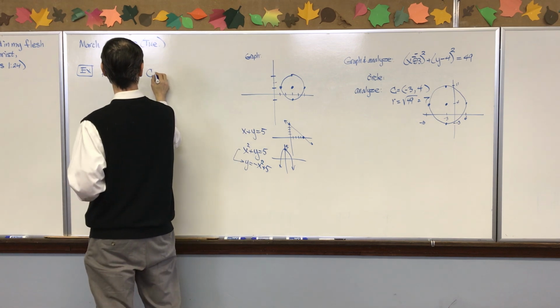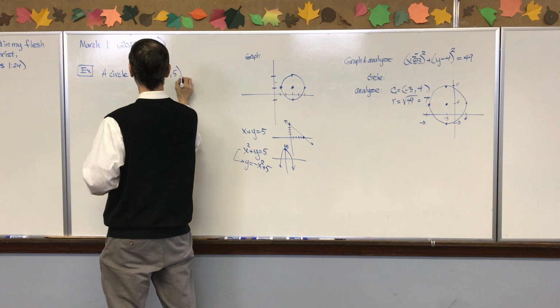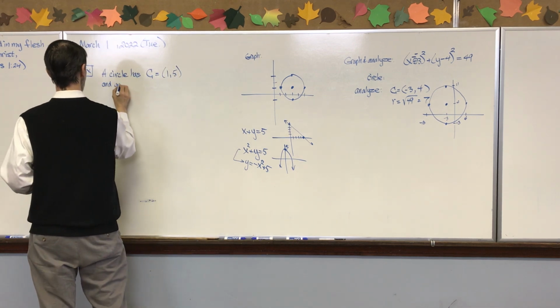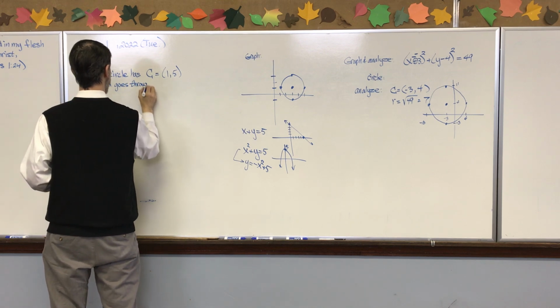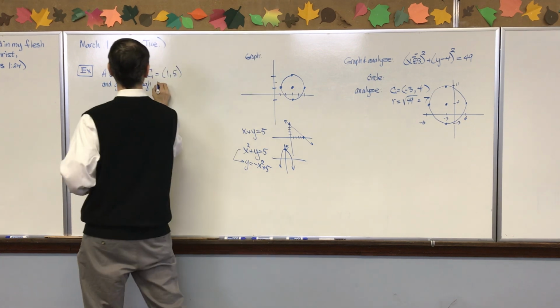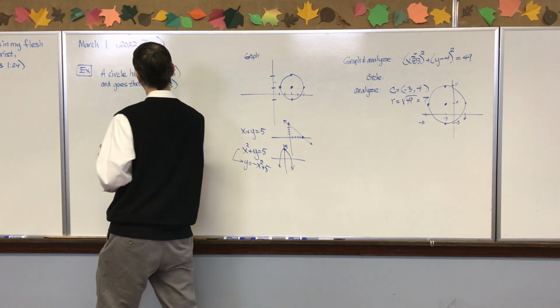A circle has a center of 1, 5 and goes through the point 5, 8.